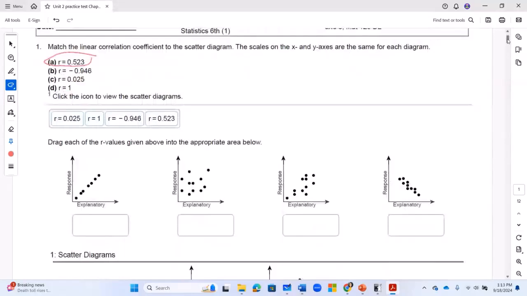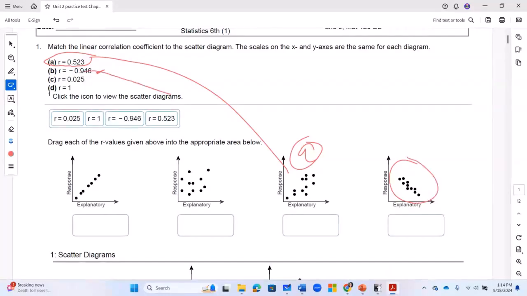All right, so I see that this one has a high positive, but it's not that. So I can match this to A. This one has a high negative linear relationship, so I can match this one to B. This one has low positive, almost zero.